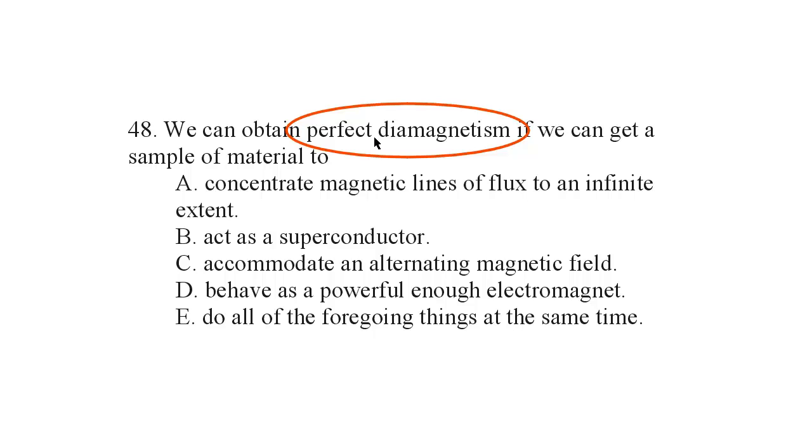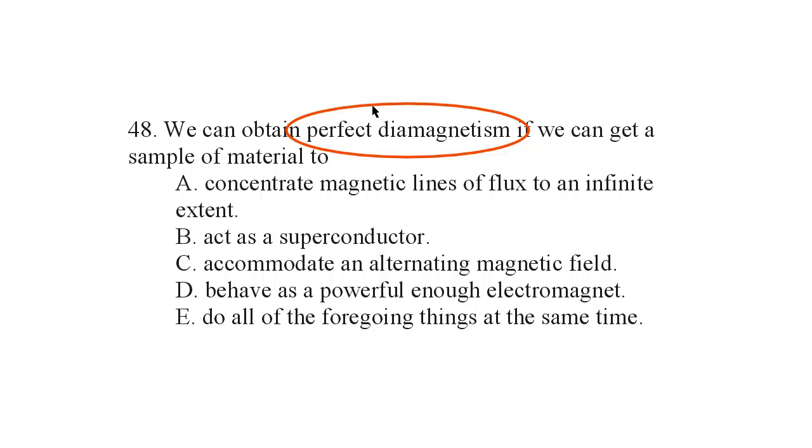So in contrast to something like a piece of iron, which concentrates magnetic lines of flux, or even a piece of glass or plastic which has no effect on magnetic lines of flux, a material that exhibits perfect diamagnetism actually expels magnetic lines of flux.